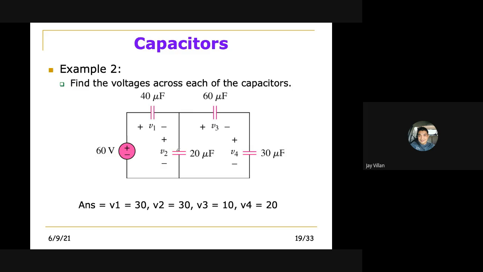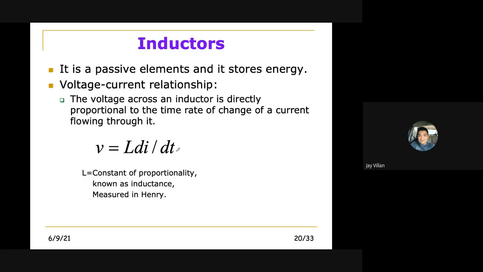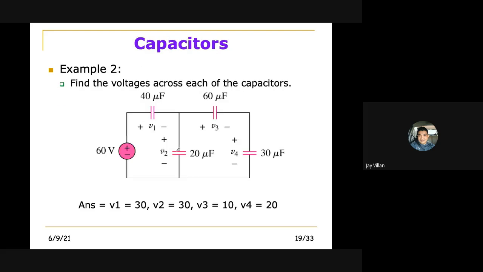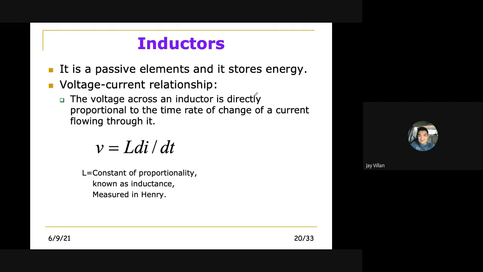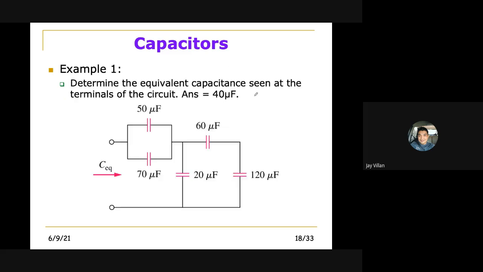That's another seat work. What time is it? We have 10, 11. So I'll give you that time to solve this seat work.